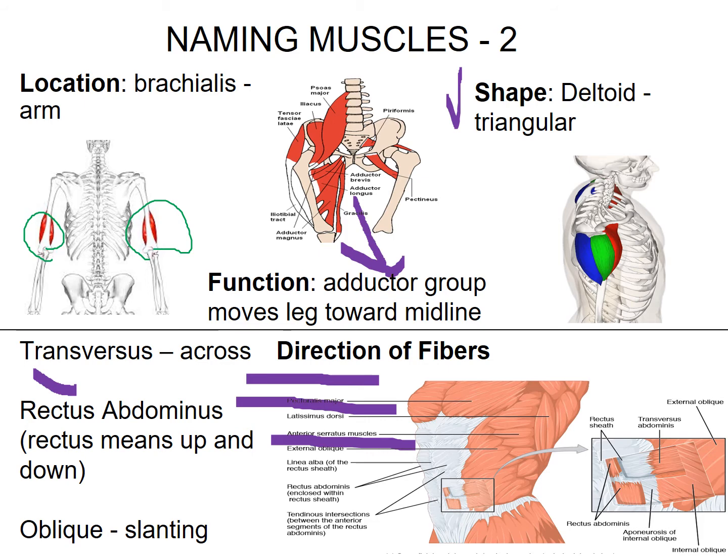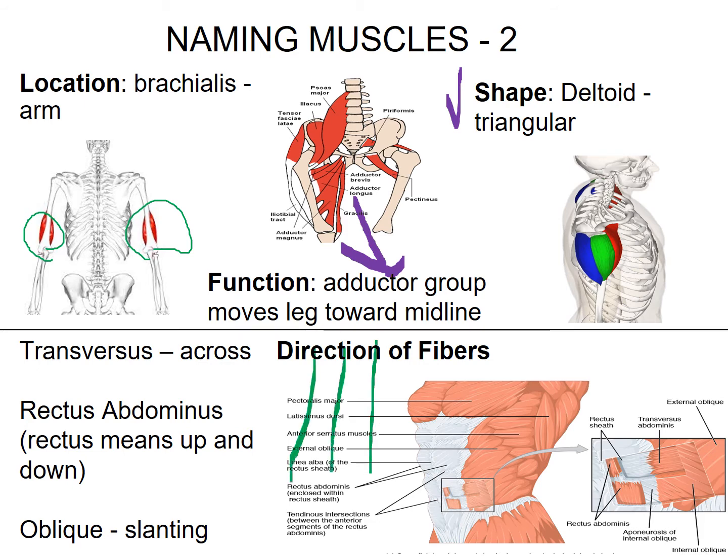Then we have rectus abdominis. Rectus means straight, right? If you're to rectify a bad situation, you're trying to straighten out the situation. So these muscle fibers are going to go up and down, hopefully straight up and down. This is what your 6-pack, 8-pack muscles are composed of. And then we have the obliques, as I mentioned. Those are the diagonal type muscles.